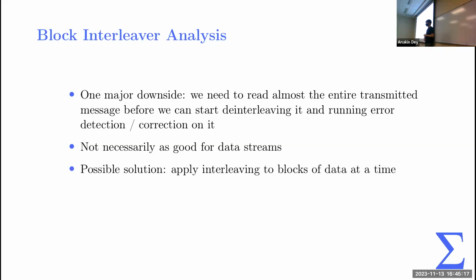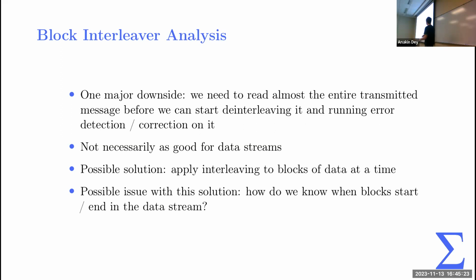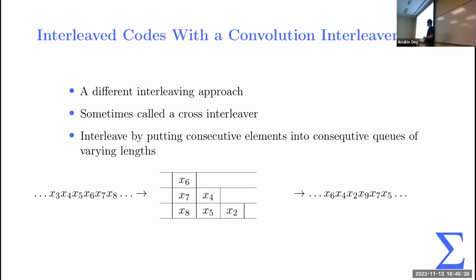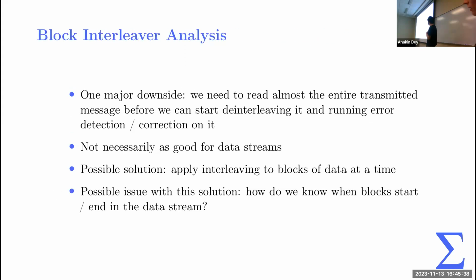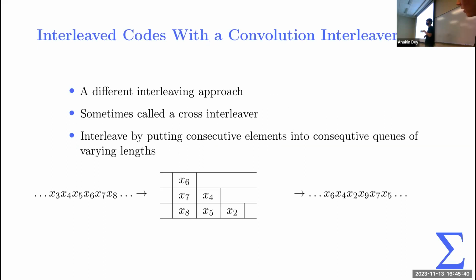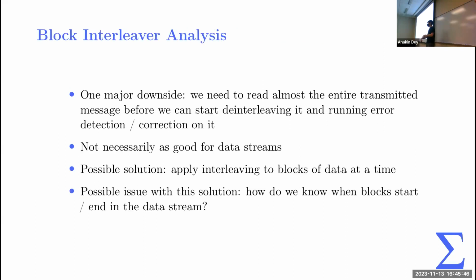One possible solution would be to interleave blocks of data at a time. But then, how do we know when the blocks start and end? We can bunch things up into packets. There's a lot more depth we can get into, and a lot of thought about whether we can make block interleavers work well with data streams, but it's really not what they're built for.